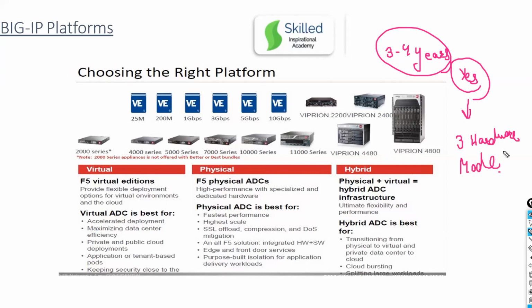Please understand this term, guys. As an interviewer, I will ask this question: are you working on F5? Yes, I will say yes. Can you please tell me on which hardware model you have worked?